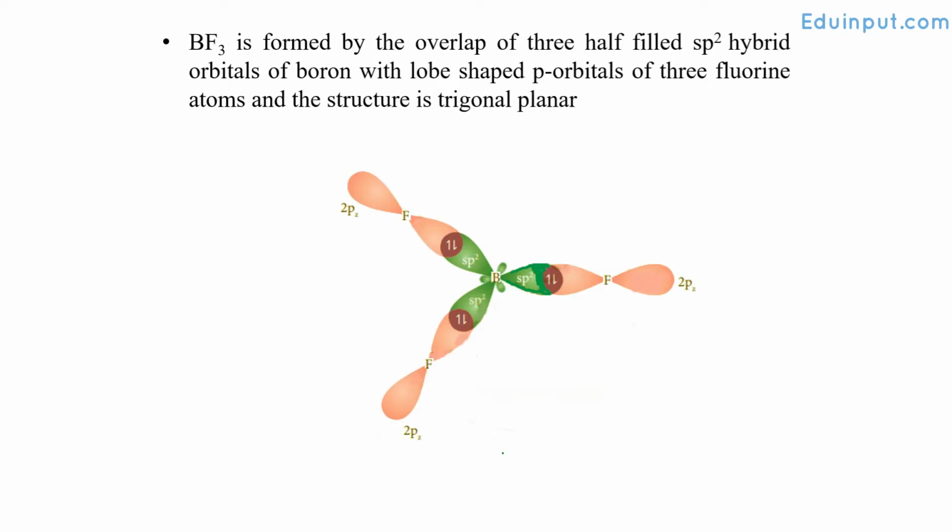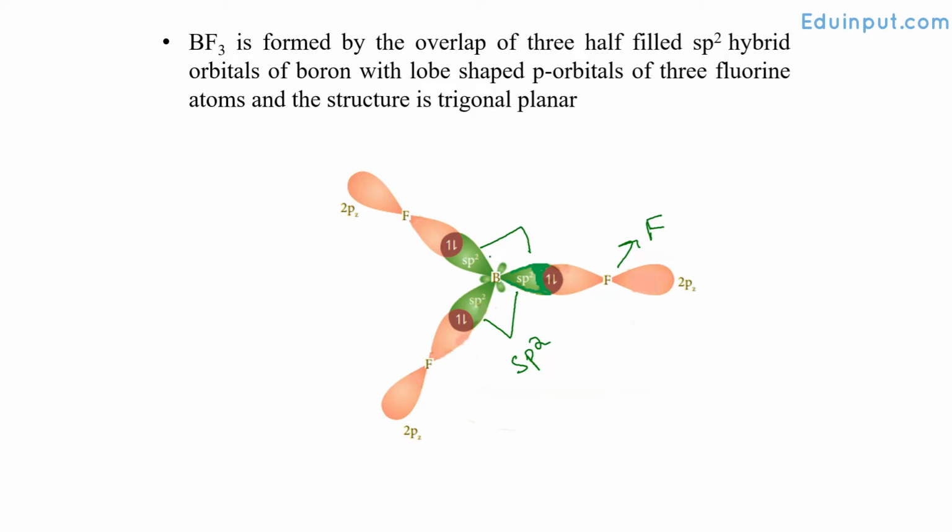So what is the shape going to be for boron trifluoride? It is basically formed by the overlap of three half-filled sp2 hybrid orbitals. The orbitals which are green in color are sp2 hybridized orbitals, and these orange color orbitals are for the fluorine atom. We know that the three fluorine atoms are attached to the boron atom, making it a trivalent atom.